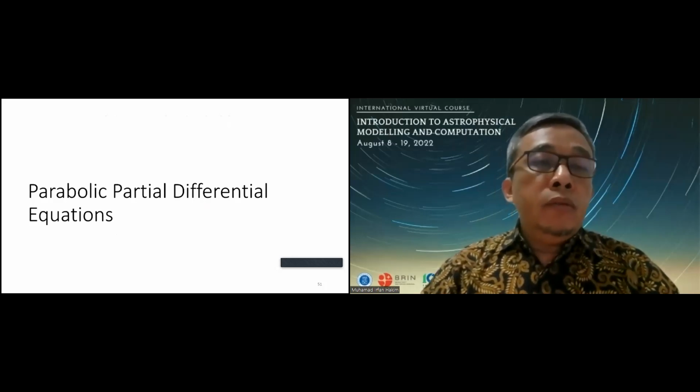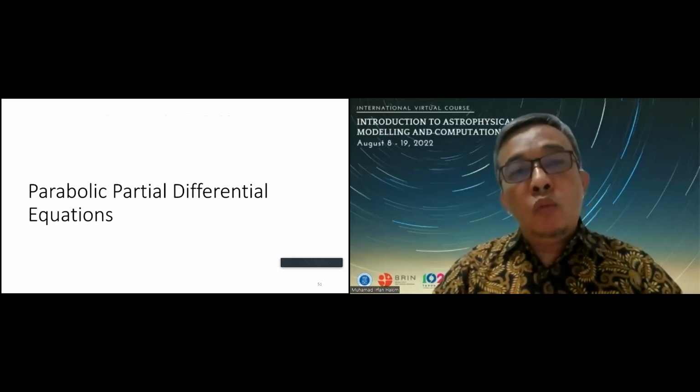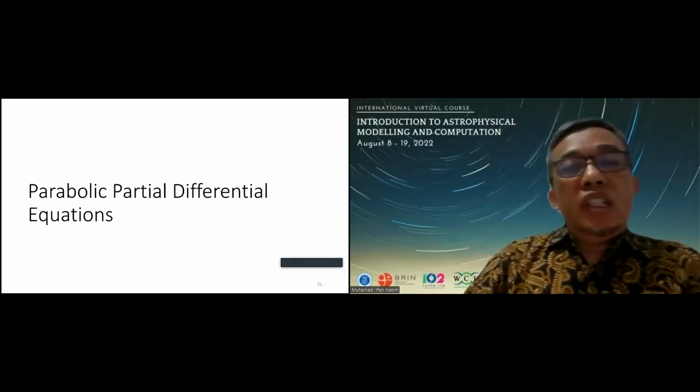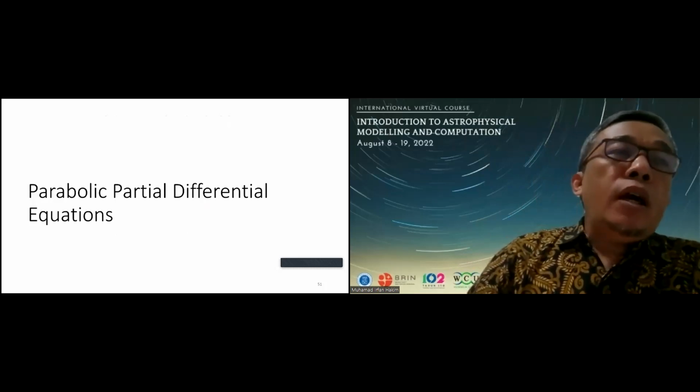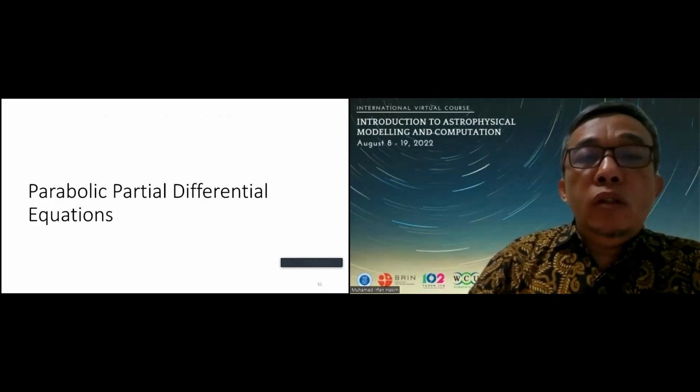Let's see some of this kind of parabolic partial differential equation, where b squared minus 4ac is equal to 0.